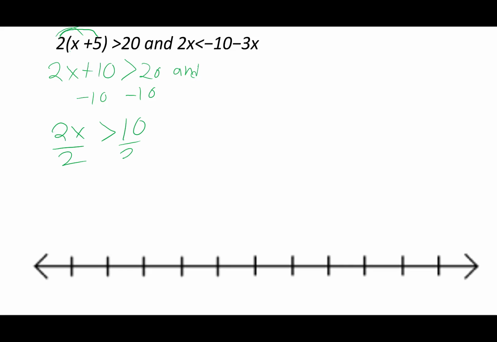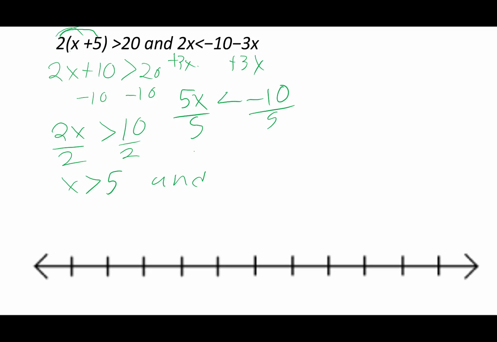Divide by 2, and I get x is greater than 5. So, let me erase that so I have room to work. I'm going to move the 3x, which gives me 5x is less than negative 10. So we get x is less than negative 2. So we got x is greater than 5 and x is less than negative 2.